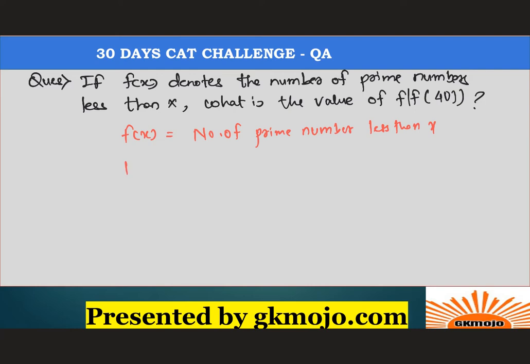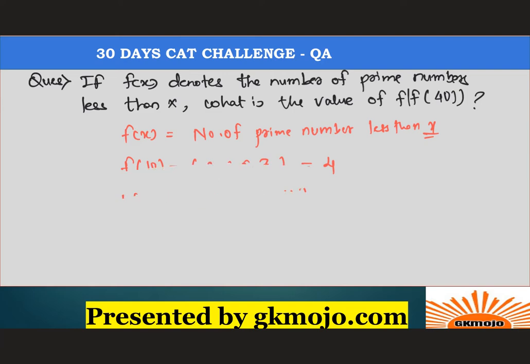Let's say f of 10: the numbers would be 2, 3, 5 and 7, these are the prime numbers, so f of 10 is 4. If I say f of 13, it will be 2, 3, 5, 7 and 11, because we take all the prime numbers less than 13. So f of 13 is 5. I hope you have understood the context of this question now.